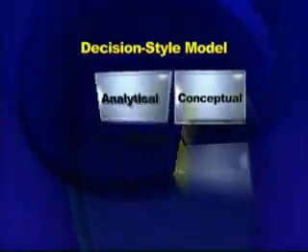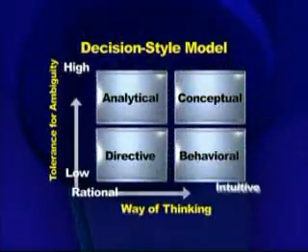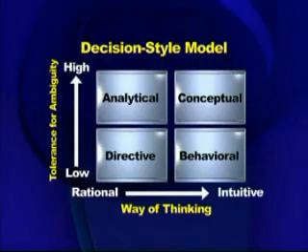And then we also discussed the decision style model, जिसमें हमने दो पैरामीटर देखे. एक था tolerance for ambiguity and the other was way of thinking, whether it is rational or intuitive. और इसमें चार को देखा, directive, analytical, conceptual and behavioral style, and saw how people differ.